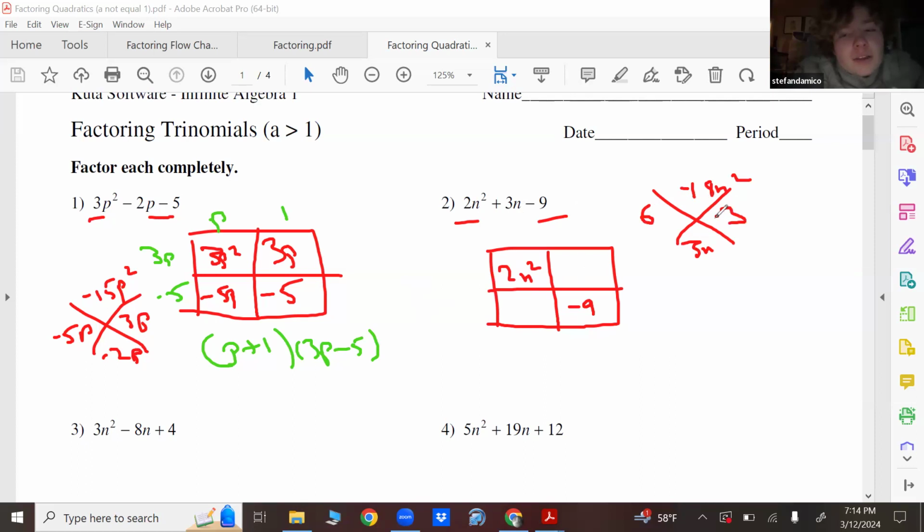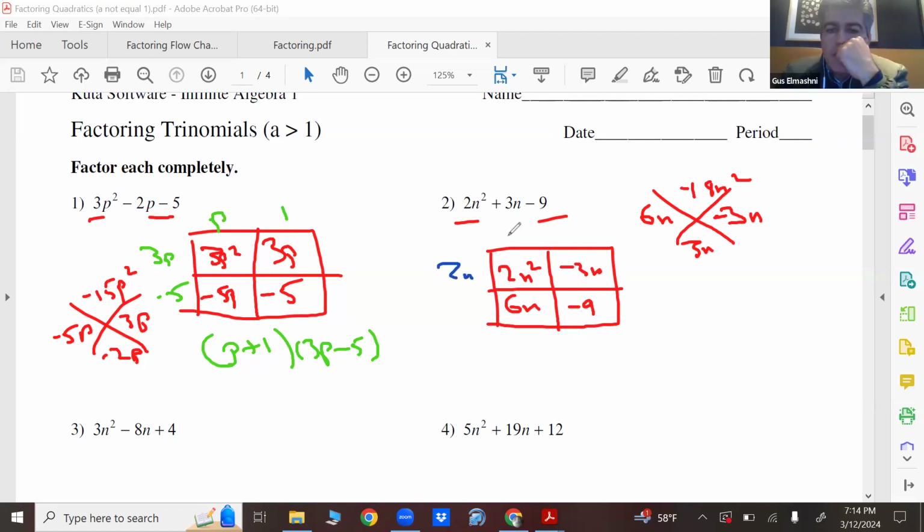Six and -3, because you subtract the 3 from the 6. So that's 2n and n. Actually, I should do it the other way around. So that becomes 3 and -3, and there you go.